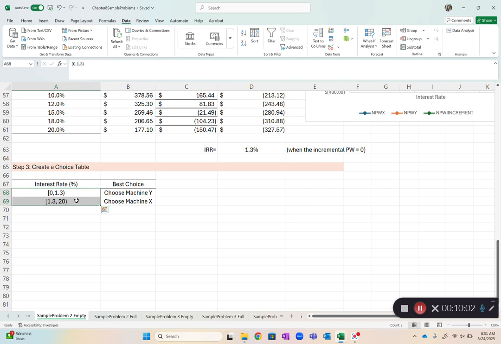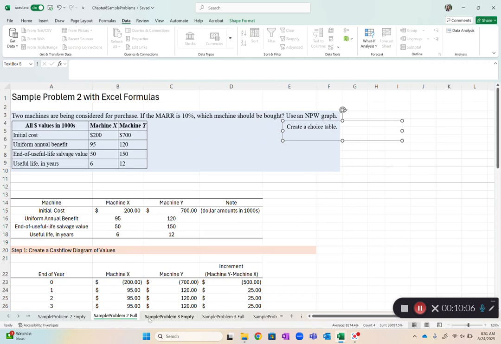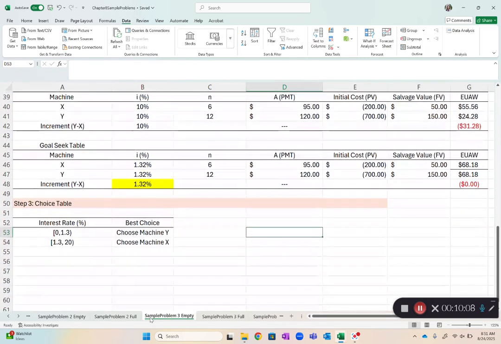We said 1.3, and this got more accurate at 1.32, but we get the same answer. So for my choice table, I'm going to say from 0 to 1.32, choose machine Y. From 1.3 to 20, choose machine X.